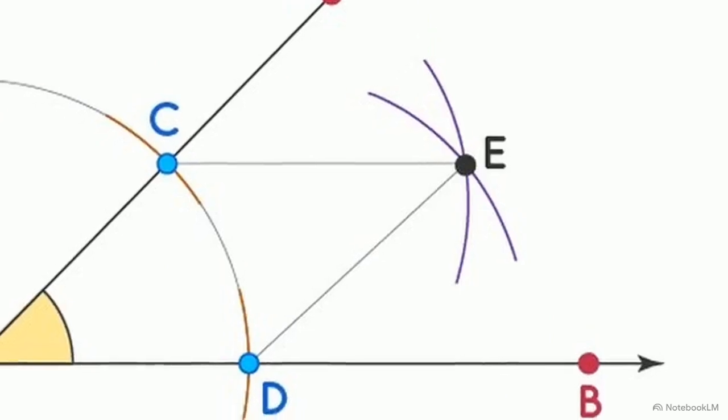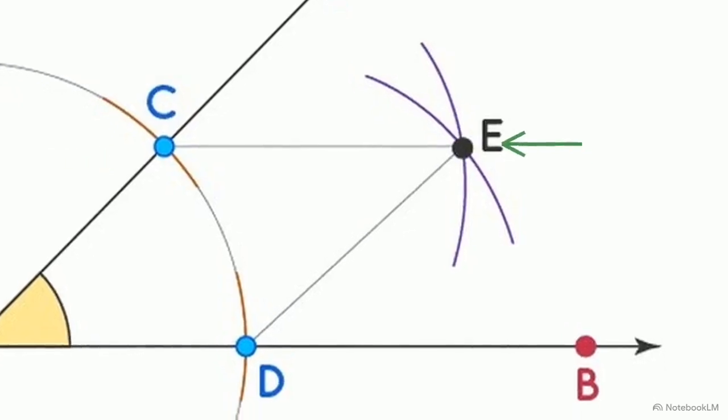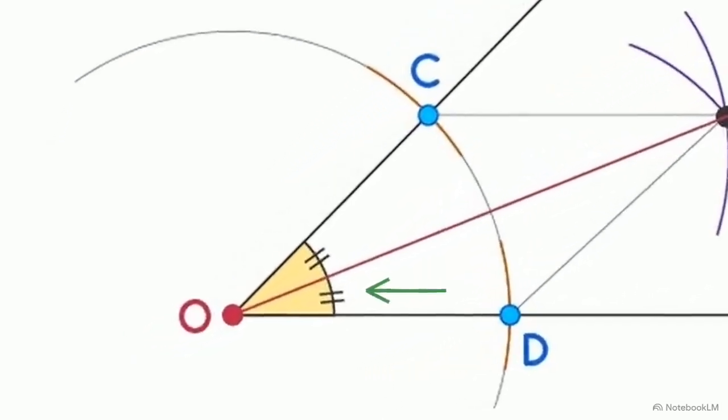The critical mechanical rule here is that the compass width must remain physically locked. Changing the width between drawing from point C and point D will ruin the symmetry. Where those two new arcs intersect gives you point E. By drawing the straight line from the original vertex directly through that newly plotted coordinate at point E, you guarantee a mathematically perfect bisection of your original angle.